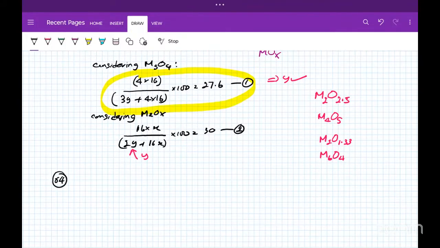Let's move to number 4. How many total spectral lines could be in the Lyman and Balmer series when the electron is at n equals 5 from lower energy levels?